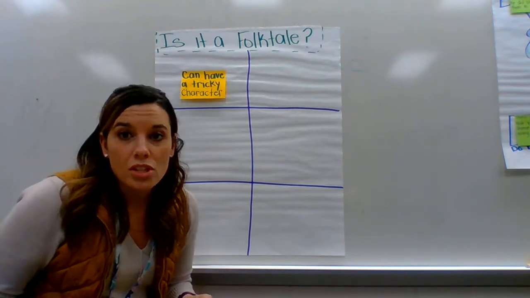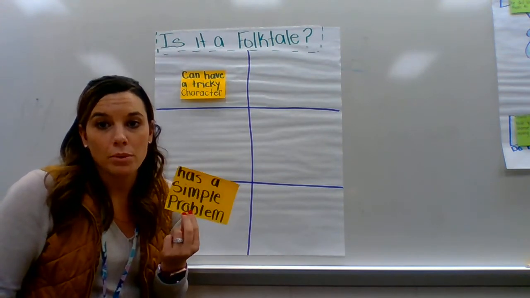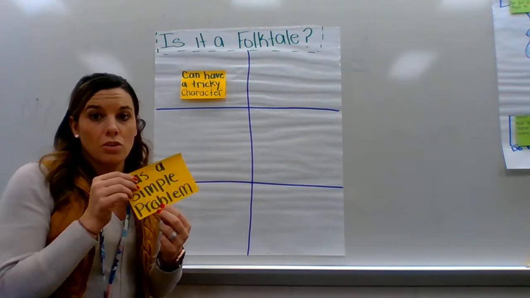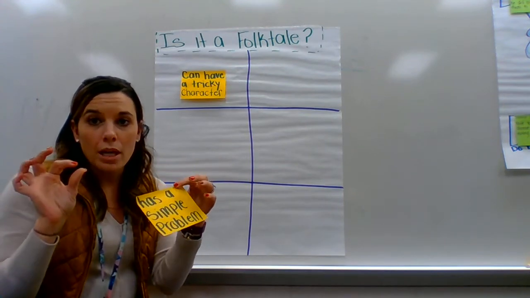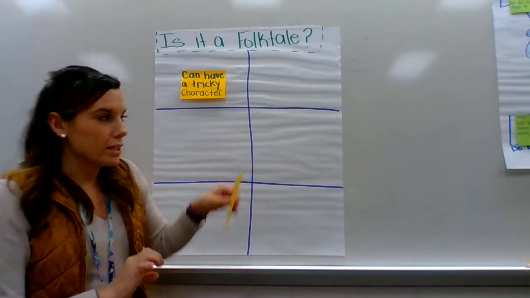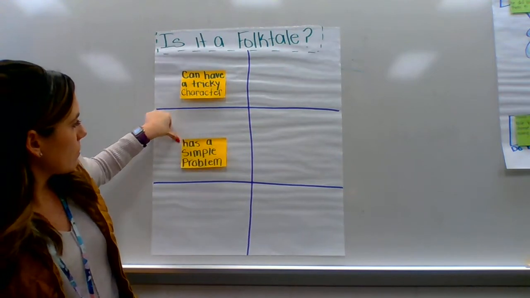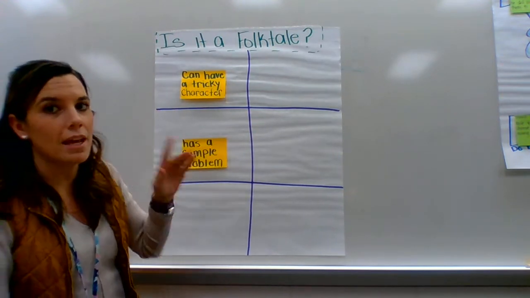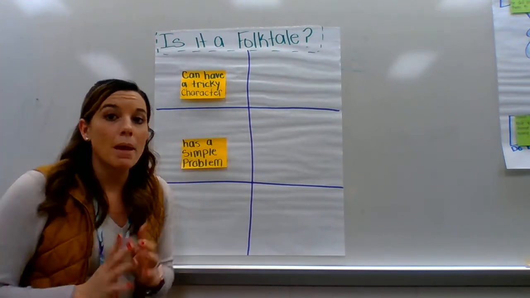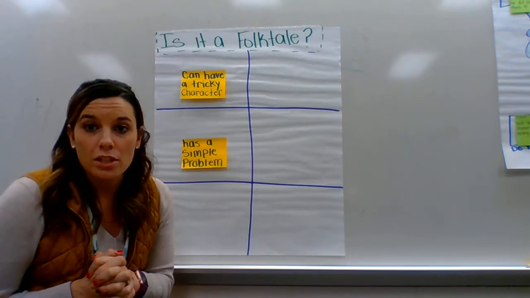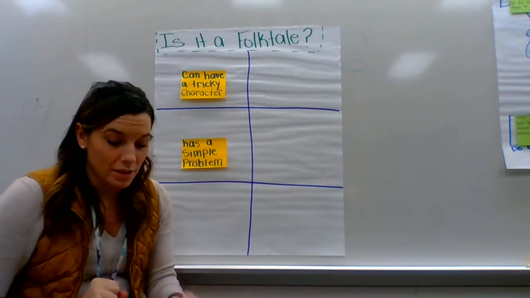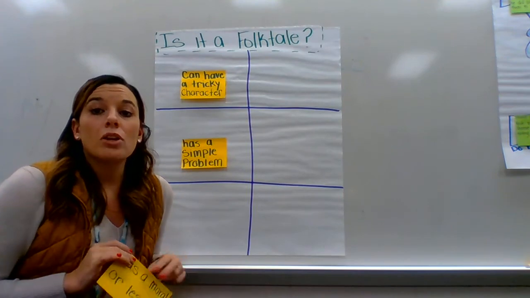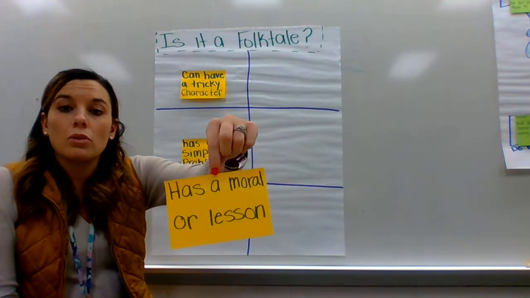Folk tales also have a simple problem, okay? So they usually have a little problem that needs to get fixed quickly, a simple problem. So already my thinking voice is saying, oh my gosh, I remember that antelope and the cheetah story, and there was a problem in that story. And a folk tale ends with a moral or a lesson.